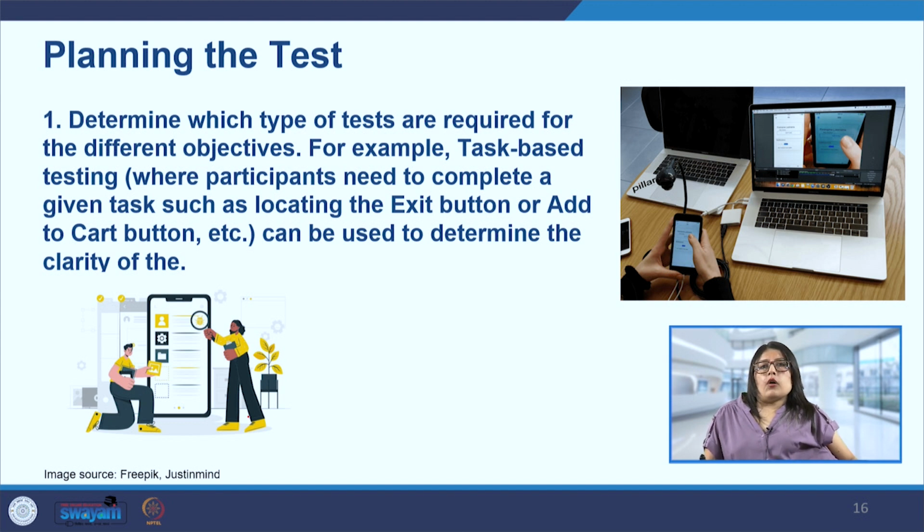So now here is the example of task based testing, where the participants need to complete a given task. For example, a simple task like, can you identify the exit button, or add the item to the cart. So giving these small tasks, or tick OK or tick yes, I have had my Monday's medicine, for example.